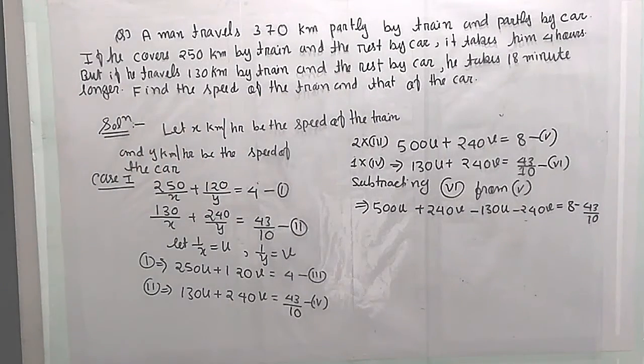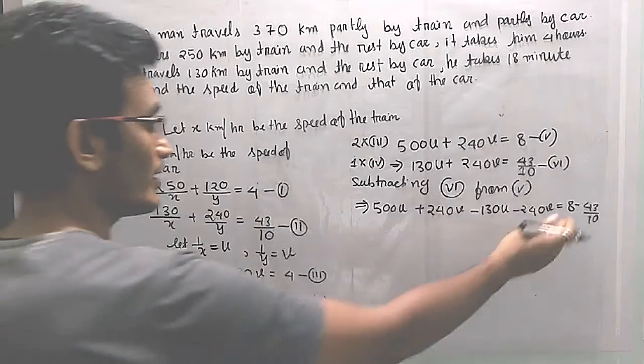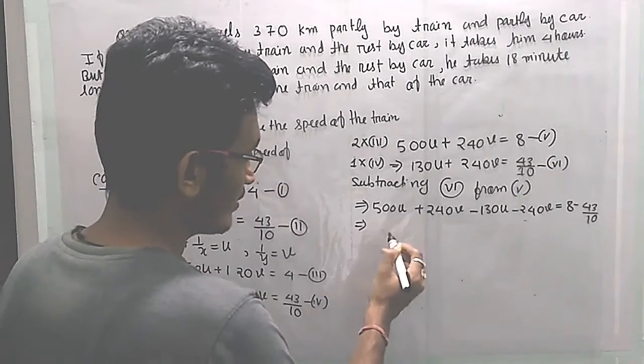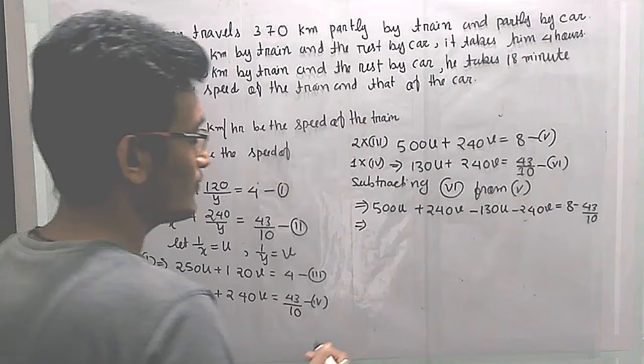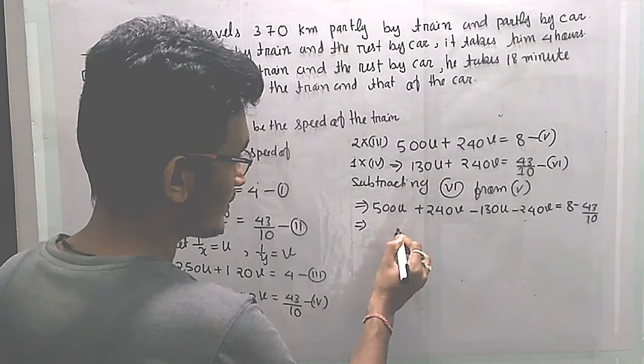So the left hand side is subtracted from the left hand side and the right hand side is subtracted from the right hand side.